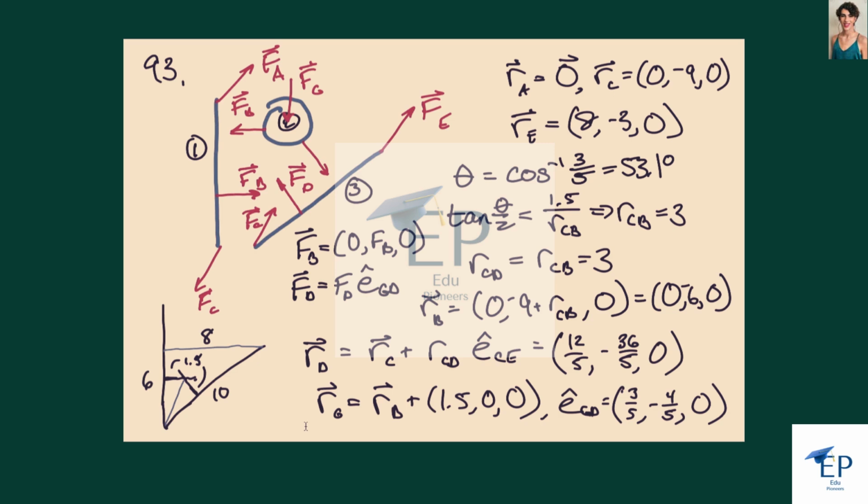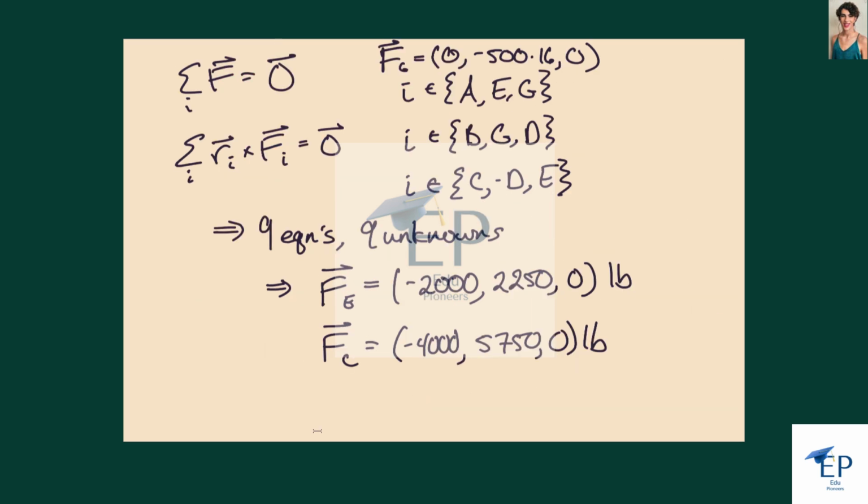Then I looked at C, D, and E, the inclined bar on the right hand side. And I introduced a new notation here. This is minus FD, because when we sum forces and sum moments, we need minus FD in there, because it is equal and opposite to what the FD was in this part, because it's an internal load.